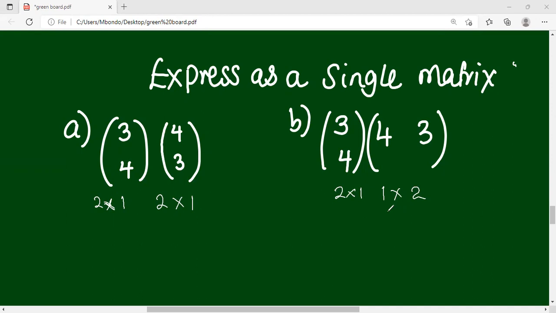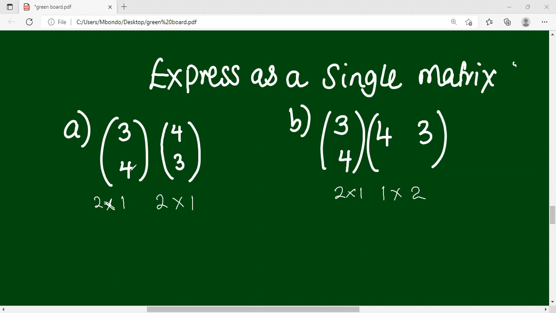Usually what I tell my pupils is that when you write the order of the two matrices, you need to make sure that the number of columns in the first matrix is equal to the number of rows in the second matrix. What am I saying?